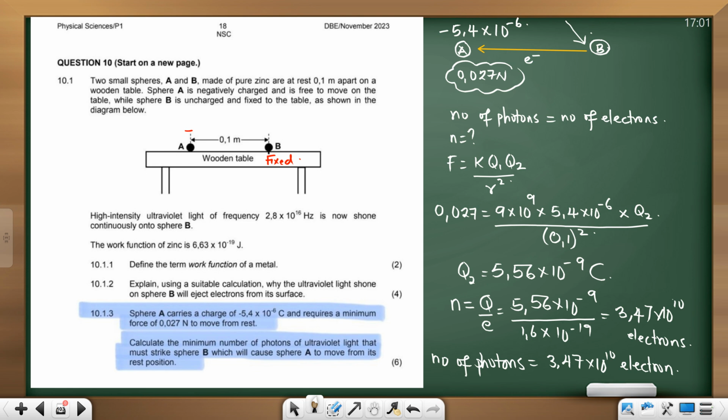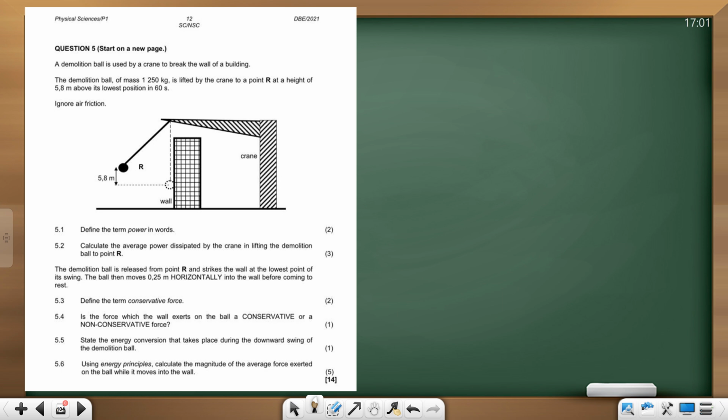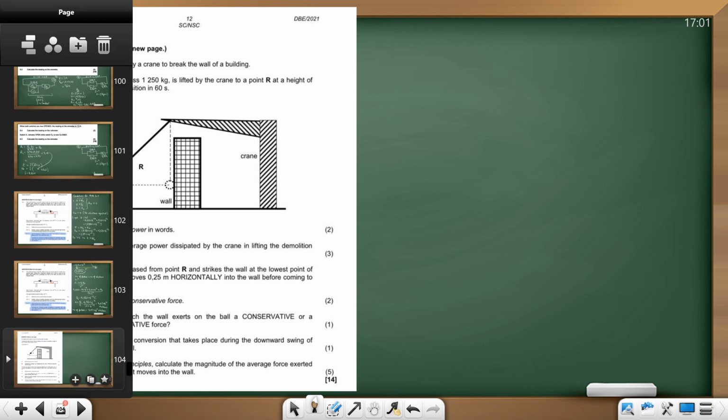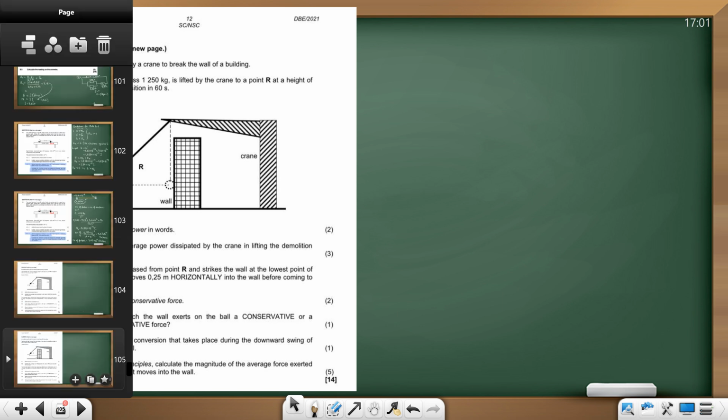Awesome. So I don't know who gave me this one, but it doesn't matter. We are all just learning from it. All right. I know the diagram here looks terrible, but it's quite straightforward. A demolition ball is used by a crane. Is it big enough? Let me see if I can make it bolder. I remember this question very well.